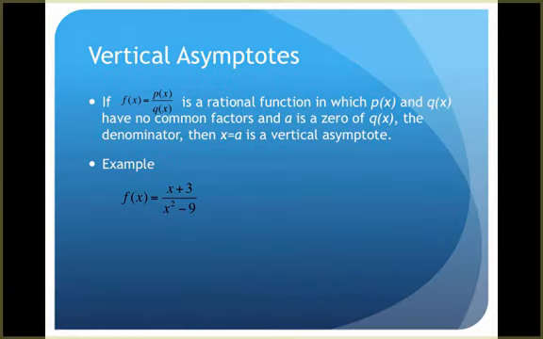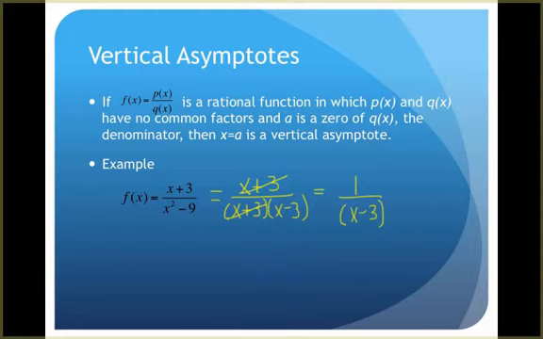So the first thing that we want to make sure is there are no common factors. So we would want to factor anything that is factorable. In the numerator, nothing can be factored, but the denominator can be factored to x plus 3 times x minus 3. So we would be able to reduce this fraction by canceling out the x plus 3's to 1 over x minus 3.